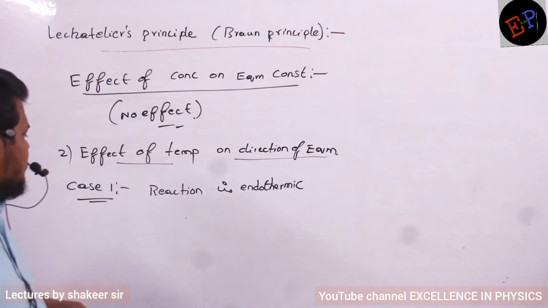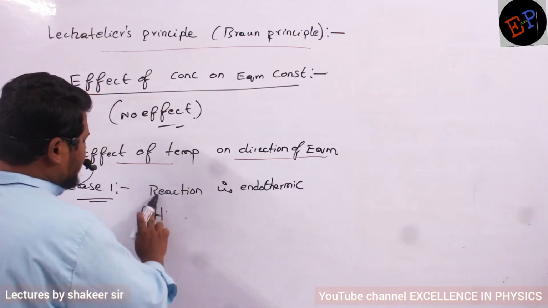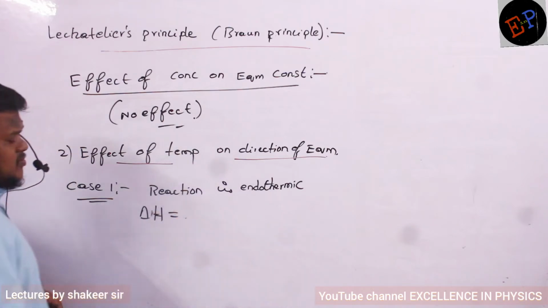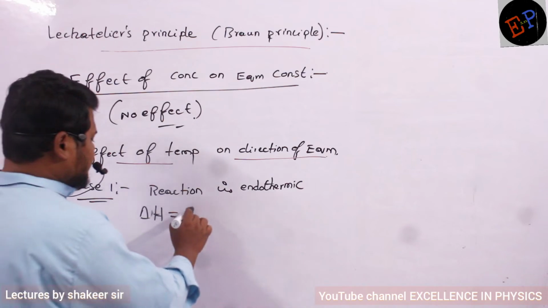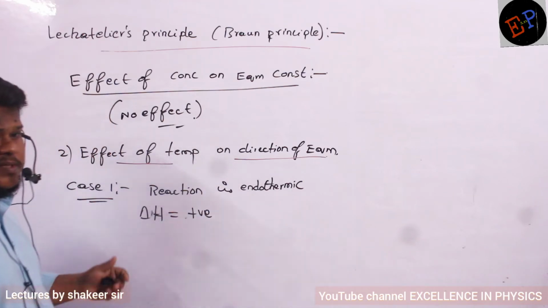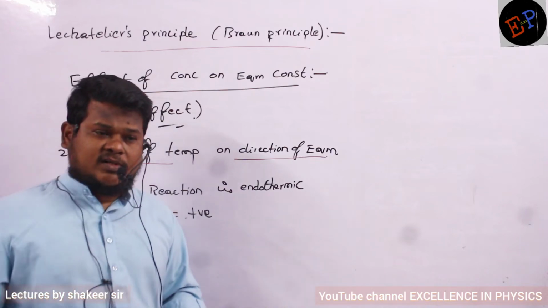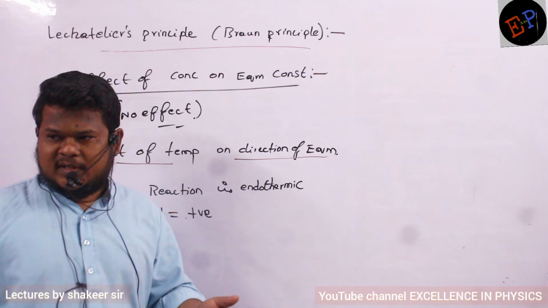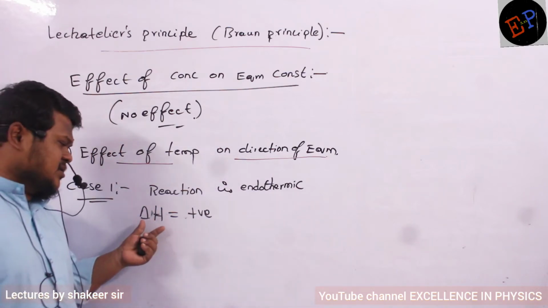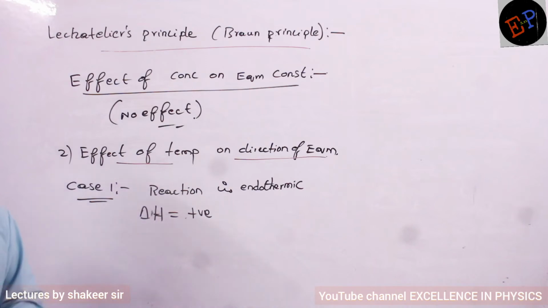So delta H, will it be positive or negative or zero? Change in enthalpy, will it be positive or negative or zero? Positive. Why is it positive? Because in chemistry we have studied previously that anything which enters the system is taken positive, and anything which leaves the system is taken negative. So change in enthalpy is considered positive because the reaction is endothermic.